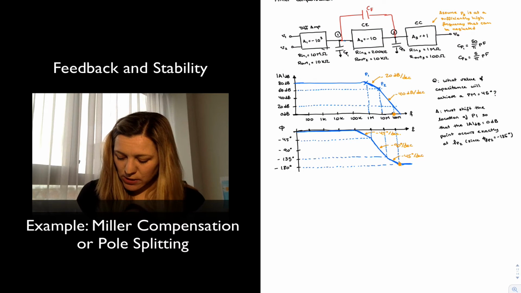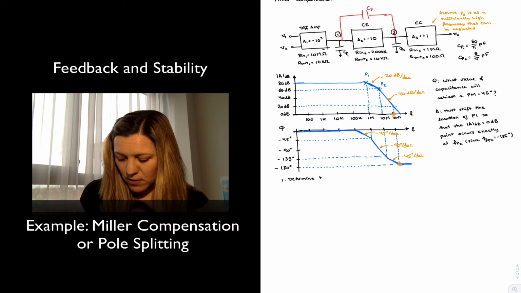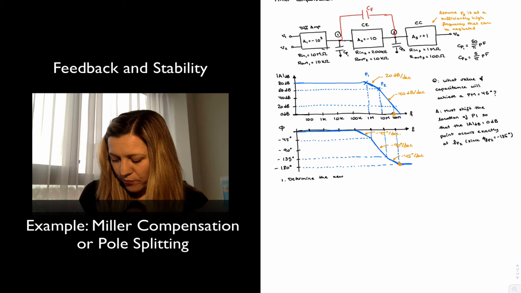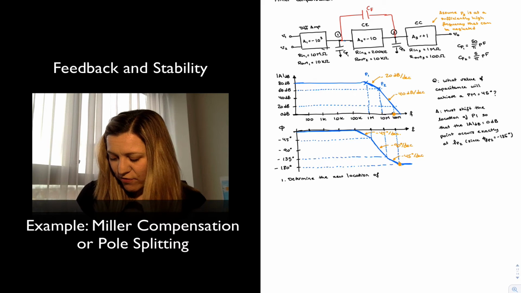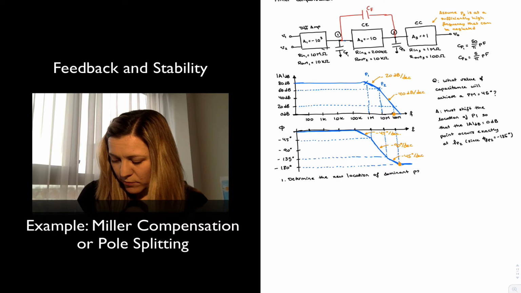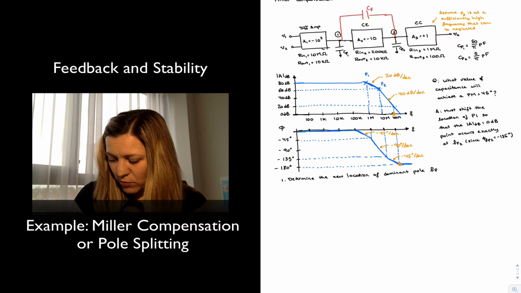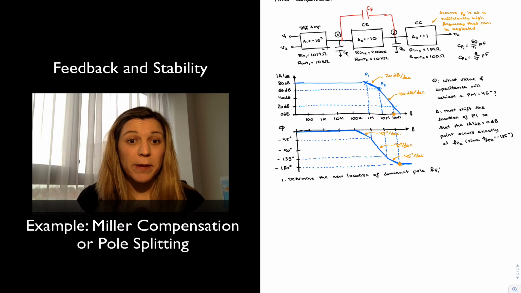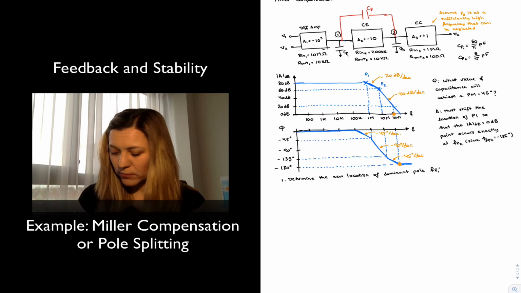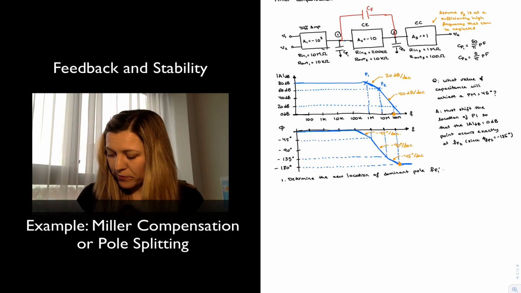So basically, the first thing that we're going to do is determine the new location of the dominant pole, and I'm going to refer to it as FP1 prime because it's the new location of P1.